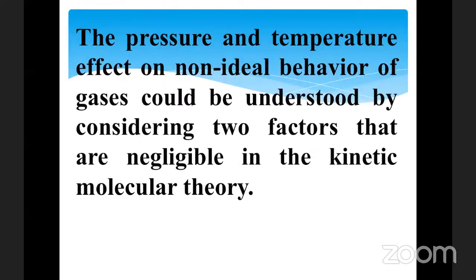The pressure and temperature effects on non-ideal behavior of gases could be understood by considering two factors that are negligible in the kinetic molecular equation. So in this case, we are saying it has deviated from the ideal behavior, and here we have been talking about volume and pressure.